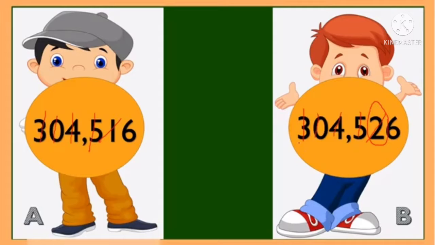So, the number with the digit 2 will be the greater number. And do not forget, Mr. Alligator is always eating the largest or the greater number. So, the opening of the mouth is on the right side. Very good.